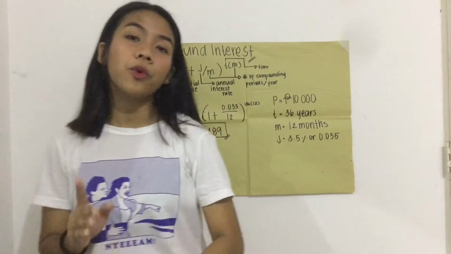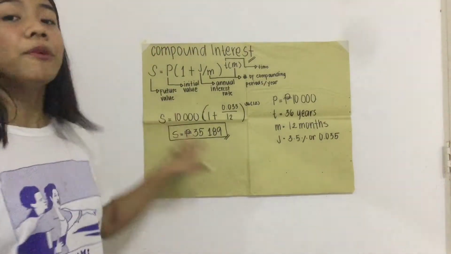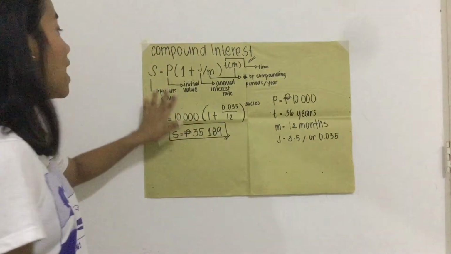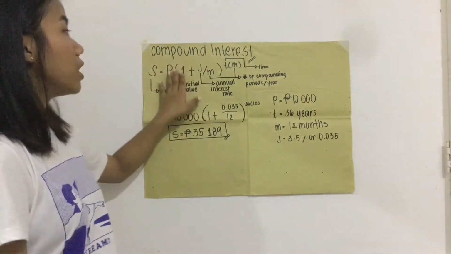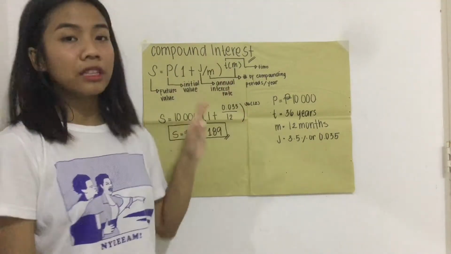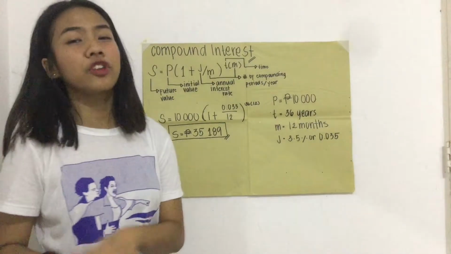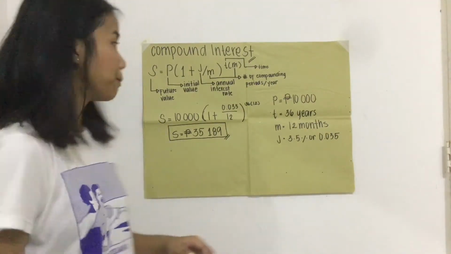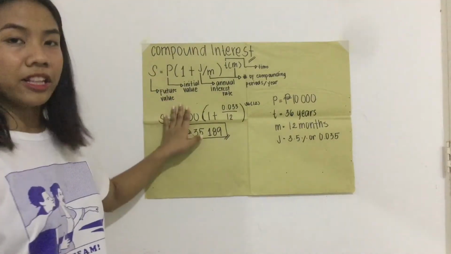First, we need to know the formula for compound interest. The formula of compound interest is S equals P open parenthesis 1 plus J over M close parenthesis raised to T times M. I will discuss the meaning of each letter. Our S stands for future value.